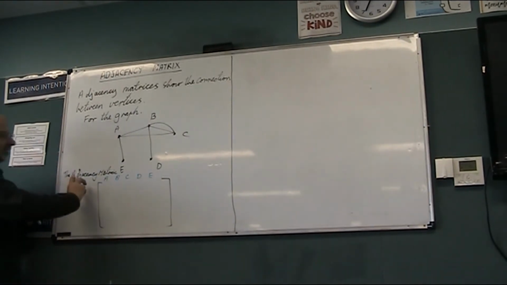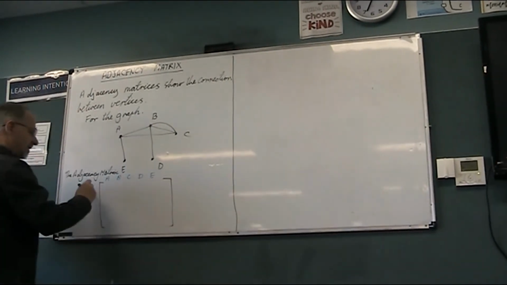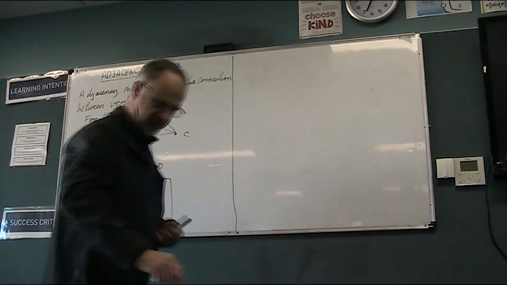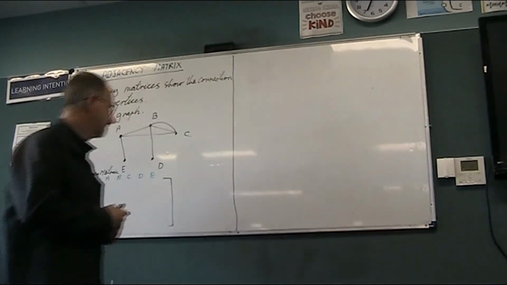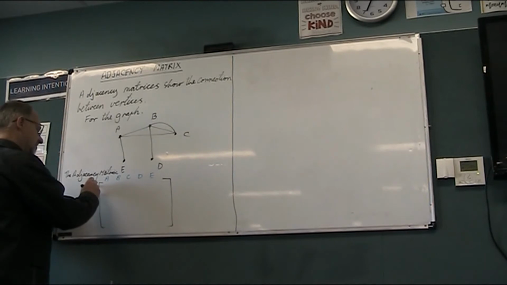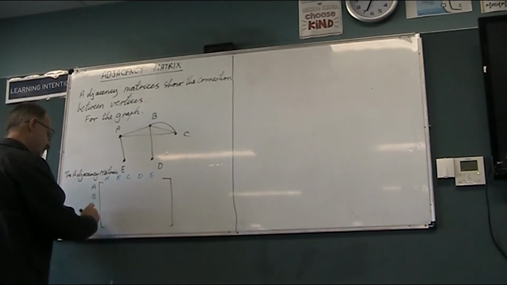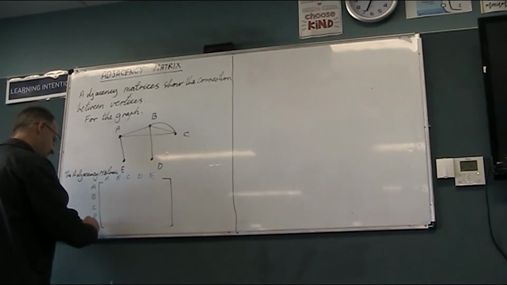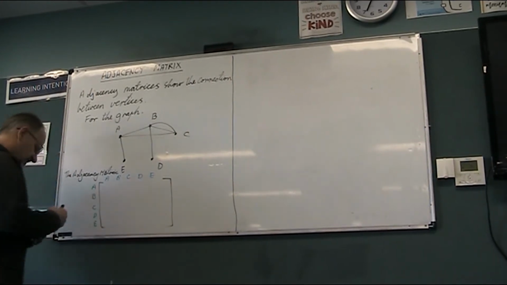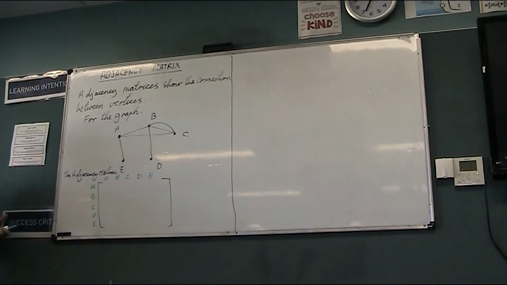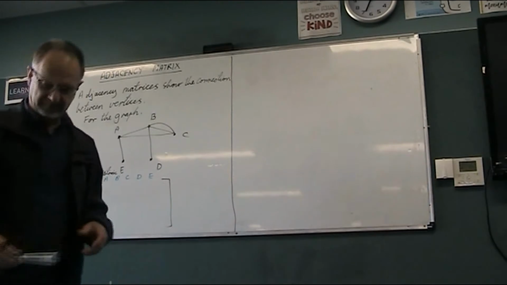And so then we have the same thing in rows. So we have a row for vertex A, we have a row for vertex B, one for vertex C, one for D and one for E. So it's a 5 by 5 matrix this time because we've got 5 of each of them.